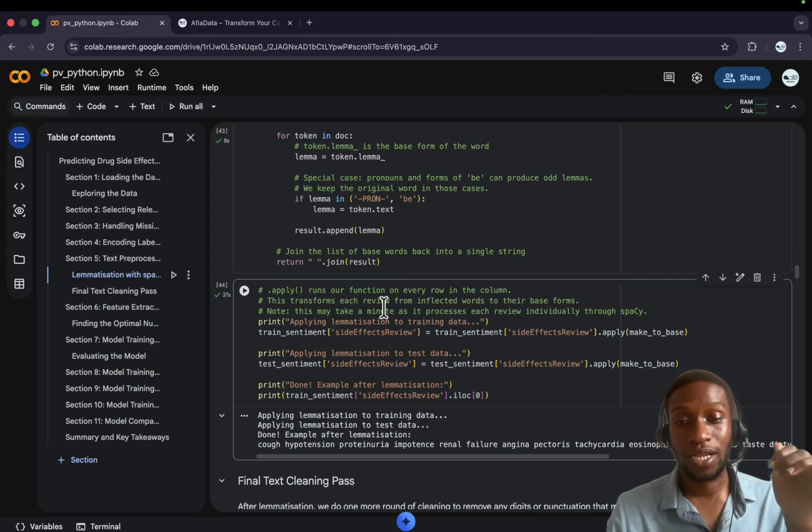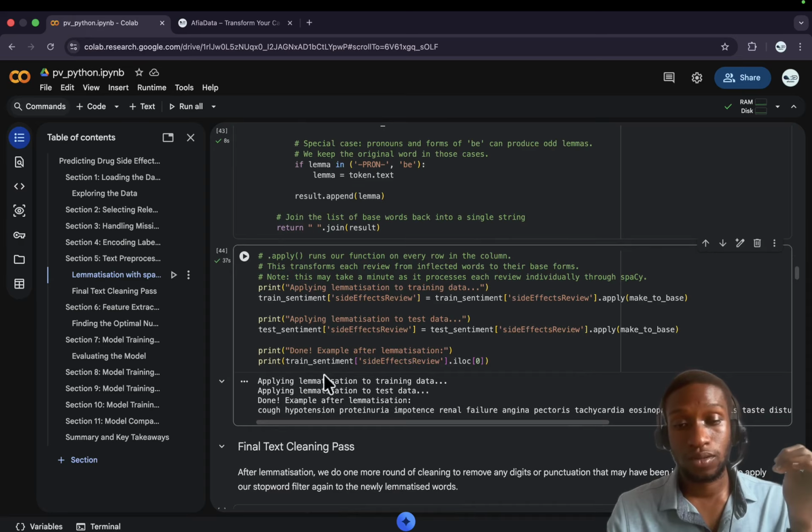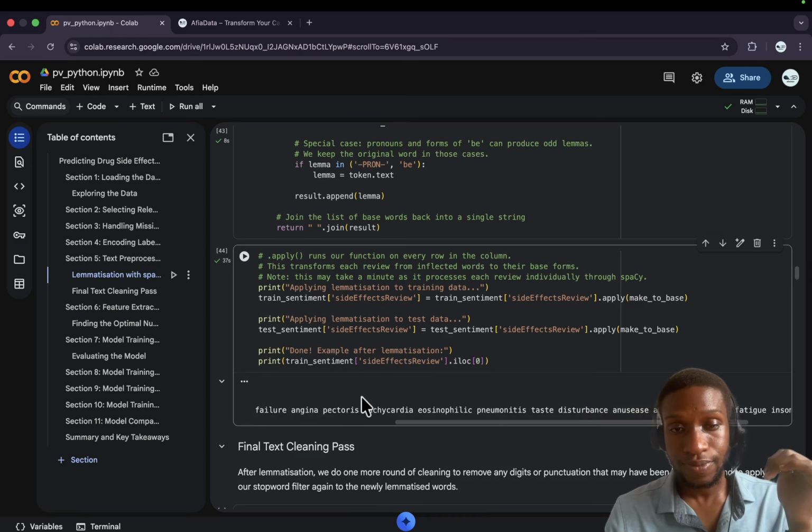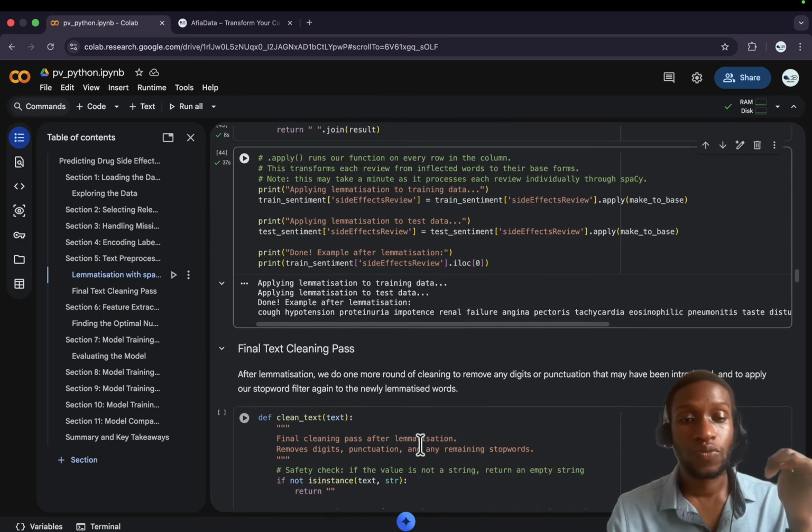So this again may take a minute depending on which computer you're using or your network. So after doing that, this is what happens basically. So the words have been lemmatized. So let me see if they provide an example. They don't over here, but let's continue.